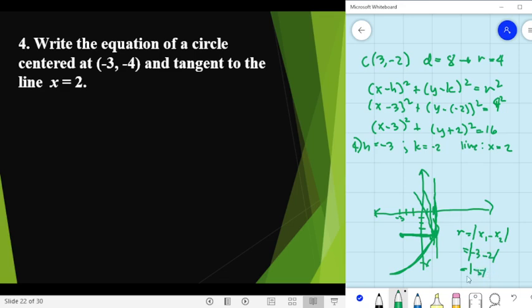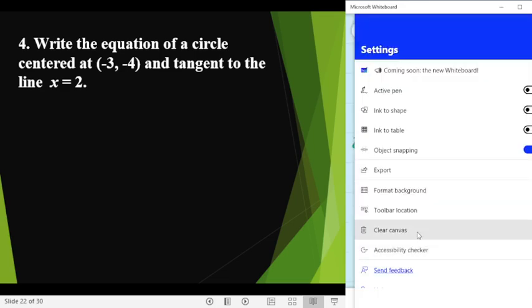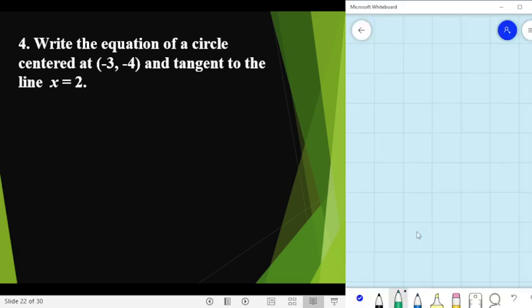So the absolute value of -5 is +5. Okay, so we now have the center at -3, -4, and our R is 5.